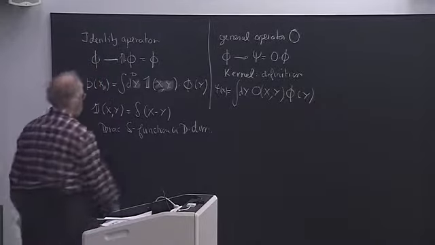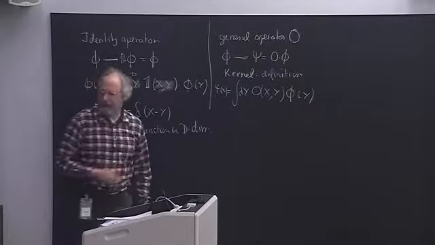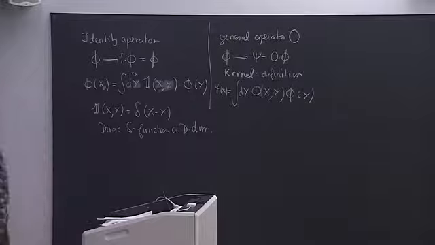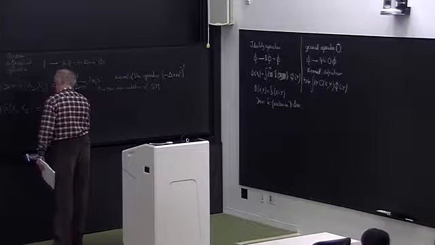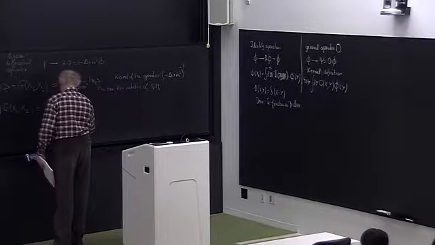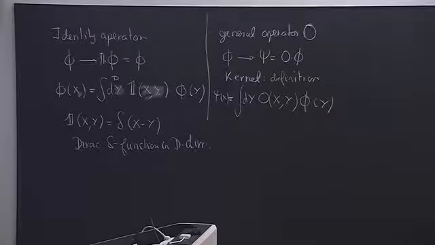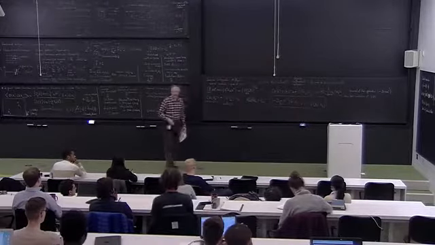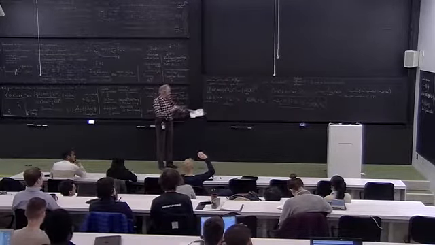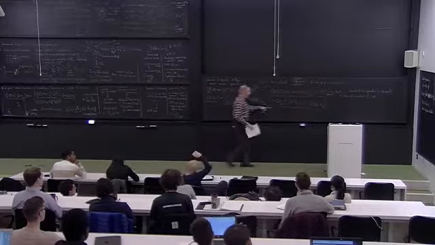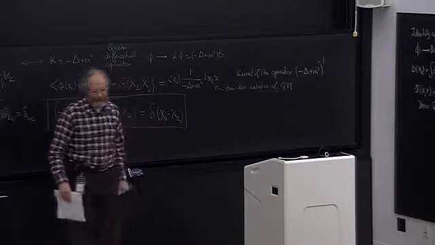So the kernel of the identity operator is just the delta function. So this is the equation which must be satisfied by the two-point function. You recognize the Klein-Gordon equation with a delta function on the right.